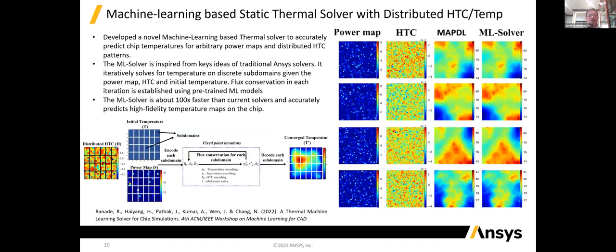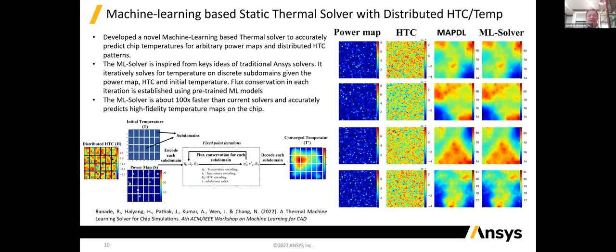Here is an example of the machine learning technique, where we use subdomain partitioning for the chip. The unique characteristic of this approach is that we keep flux conservation between the subdomains. I borrowed the technique from the finite element method, and that ensures correctness across the subdomains for the heat flux, so we can get a very accurate thermal distribution on the die.